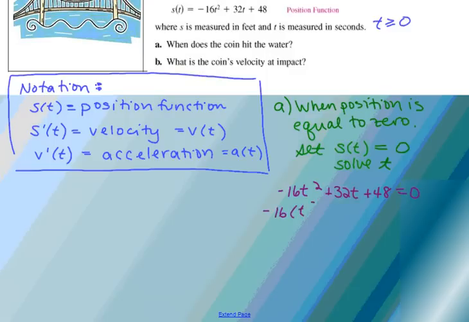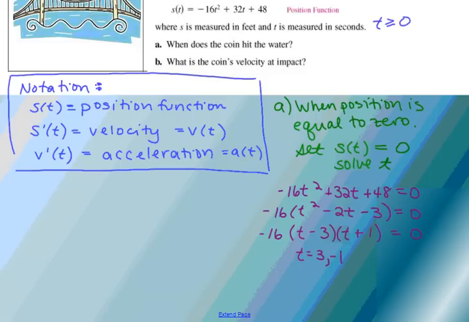That'll leave us with t squared minus 2t minus 3. And then when we factor the rest of this out, we end up with t minus 3 and t plus 1. Okay, so now solving for t, we get that t is equal to 3 or it's equal to negative 1.